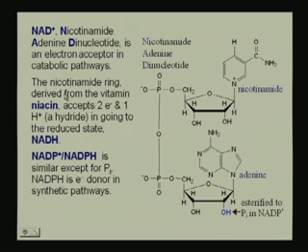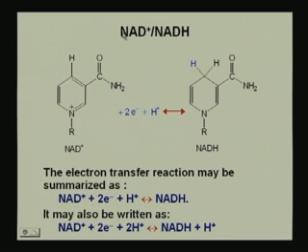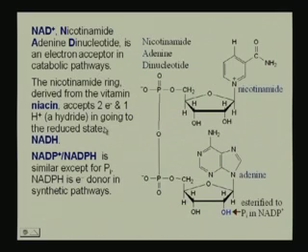The rest of this molecule is required for recognition by the enzymatic process, but for NAD plus going to NADH, only the nicotinamide part is required. So, we refer to the rest of this whole portion as R.